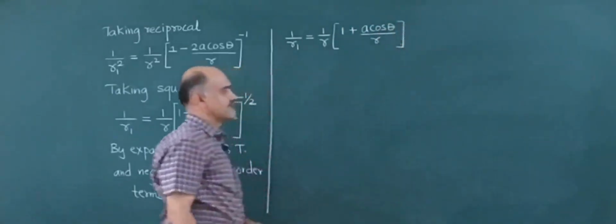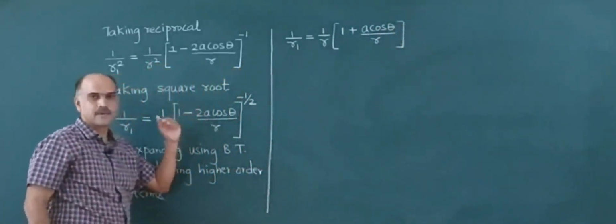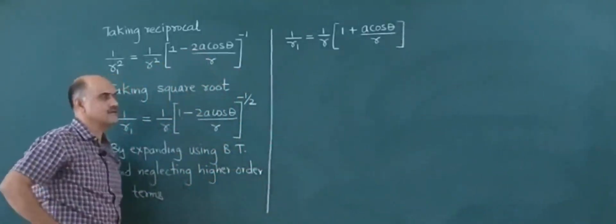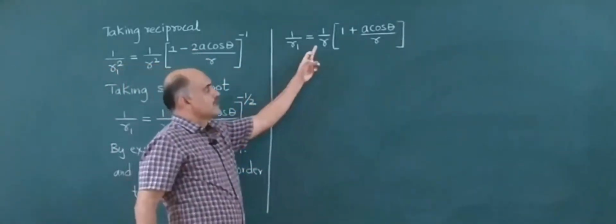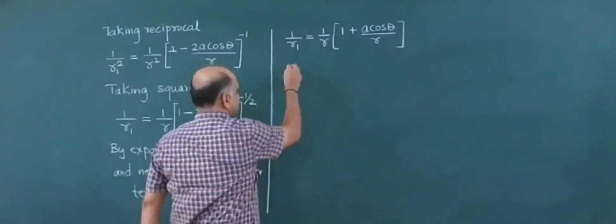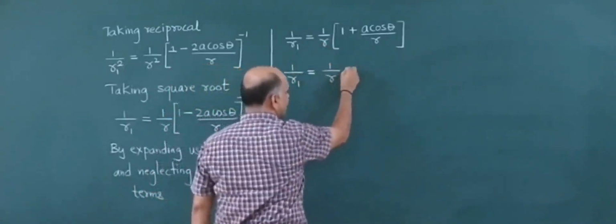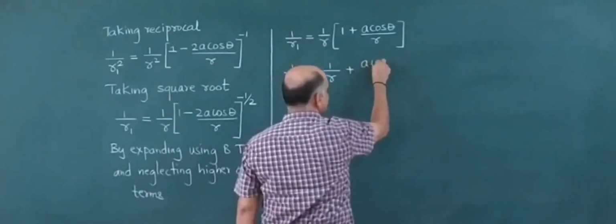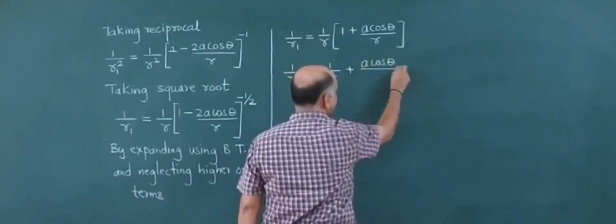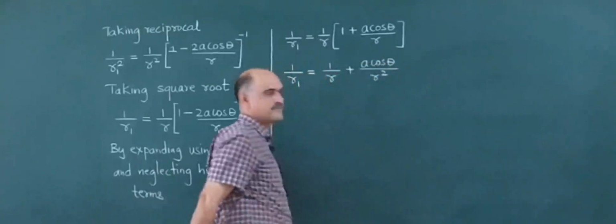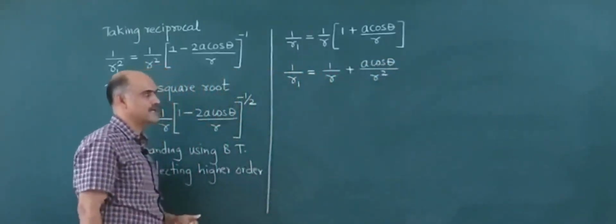So 2 gets cancelled, a cos theta by r. Higher order terms we have neglected. Now I will take r inside bracket, so I will have 1 by r1 is equal to 1 by r plus a cos theta divided by r square.